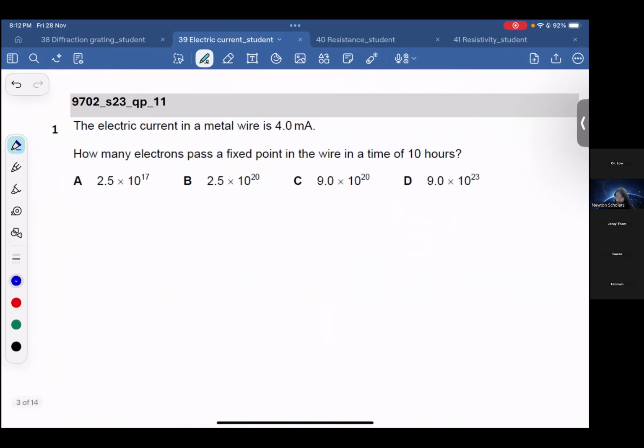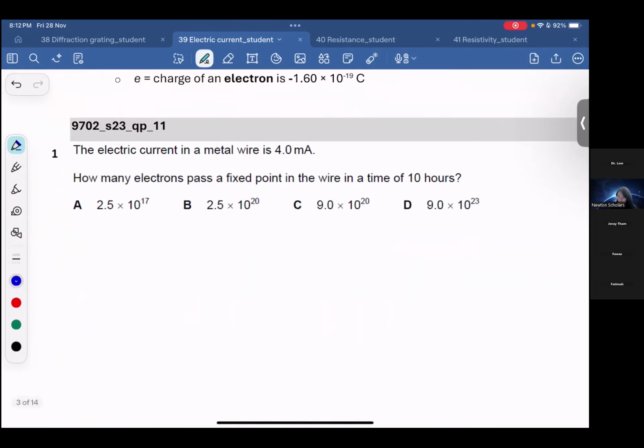Next, a past year question, only one question. Here the electric current is labeled I. Don't forget this is milli.